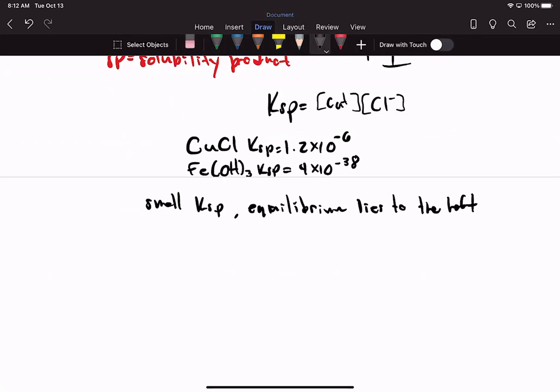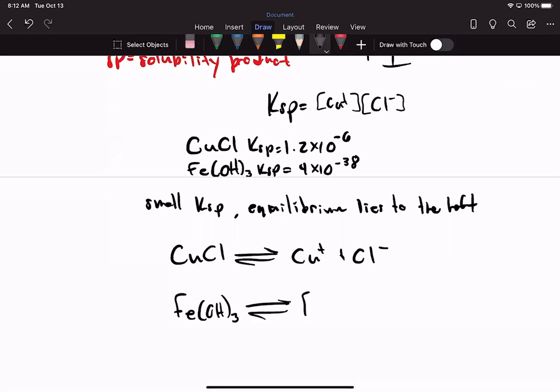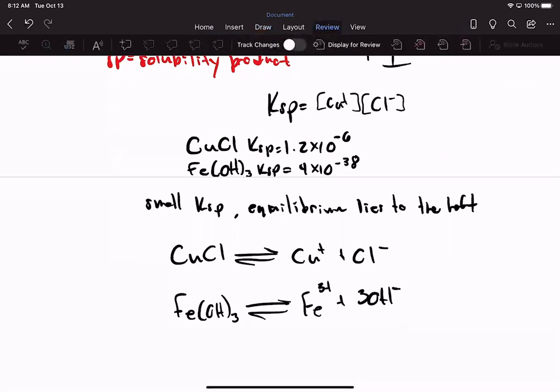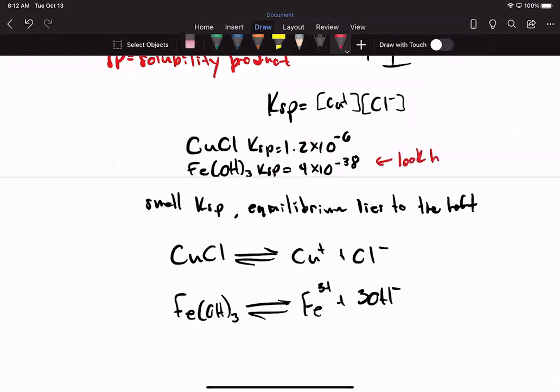So here we have two reactions, copper chloride and iron 3. With a small Ksp, the equilibrium lies to the left, and we can see just how small this is.